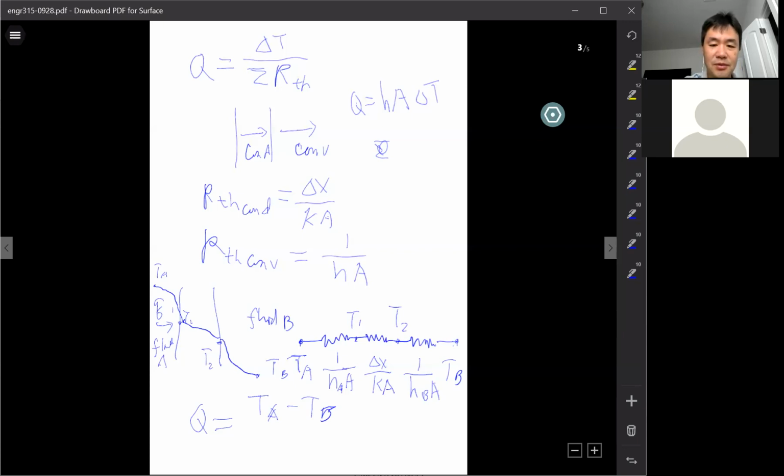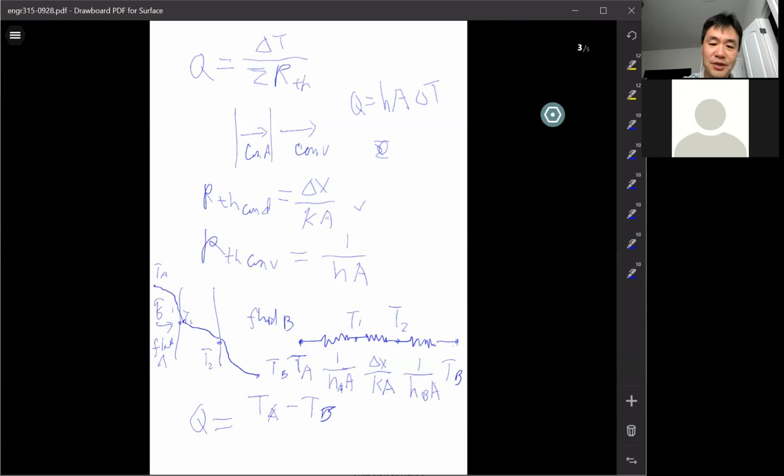Notice this thermal resistance for the conduction, there's no negative sign in front of it. Remember that conduction equation is supposed to have a negative sign, right? Which means the order of the delta T is not the ending temperature minus the beginning temperature. So it should be beginning temperature minus ending temperature. We try to get rid of that minus sign in the thermal resistance for the conduction.